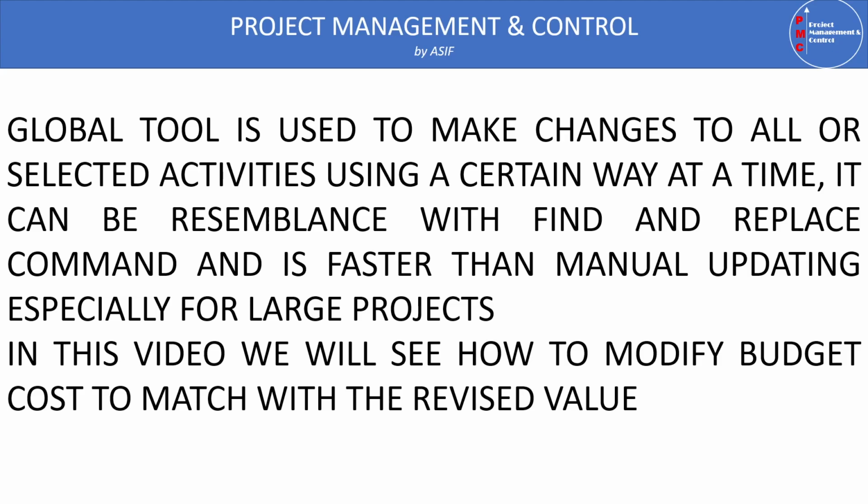It is much faster than manually changing all the activities, especially if we are dealing with a very big project containing thousands of activities. Global change provides a very quick response, and it is also very accurate at the same time. So in this video, we will modify the BOQ costs to the revised value using the global change.